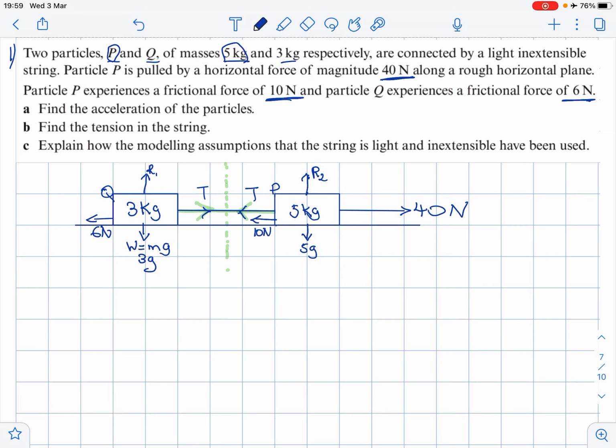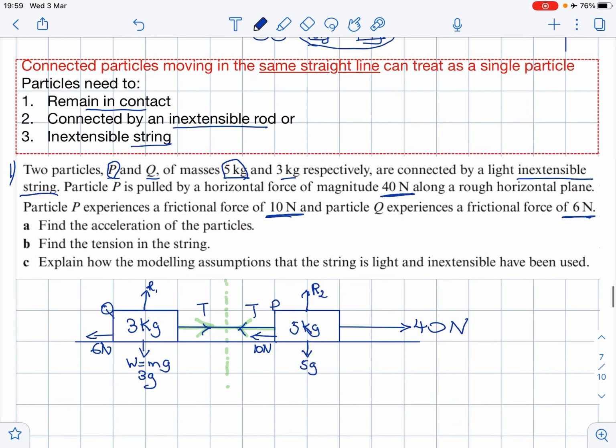Part A, find the acceleration of the particle. Since the particles are connected by an inextensible string, we can consider the two particles as one particle, because that's our definition: connected particles moving in the same straight line can be treated as a single particle.